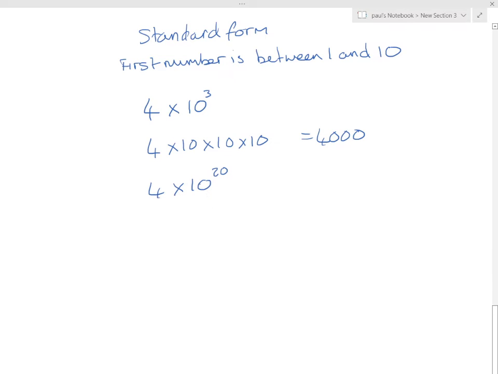And we need to be able to convert between standard form and ordinary numbers, and also the other way around. So let's do some conversions first. So 3 times 10 to the 3. Now that's standard form. As an ordinary number, we would put the 3, and then we put zeros, 3 lots of zeros. 1, 2, 3.